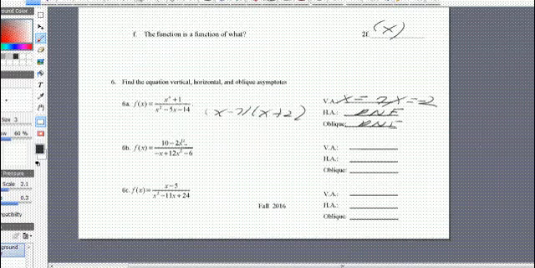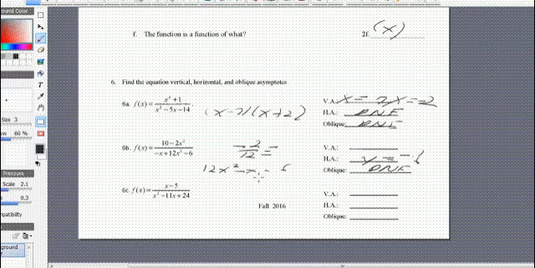Number 6b, degree on top, same as the bottom, minus 2 over 12 must reduce. So my horizontal is y equals minus 1 over 6. Oblique does not exist. Factor the bottom, you have 12x squared minus x minus 6. That is 72.